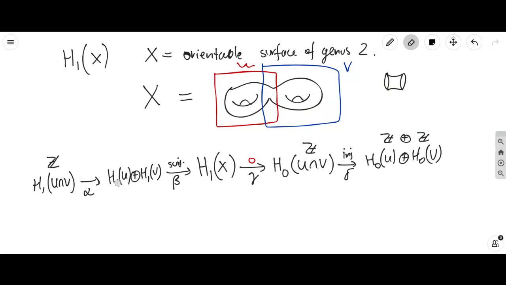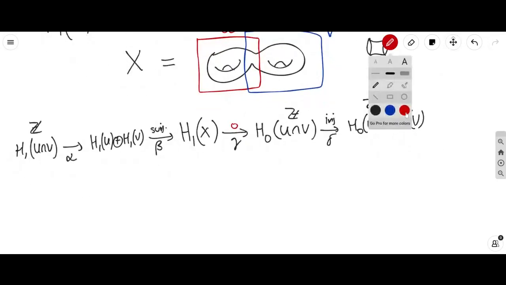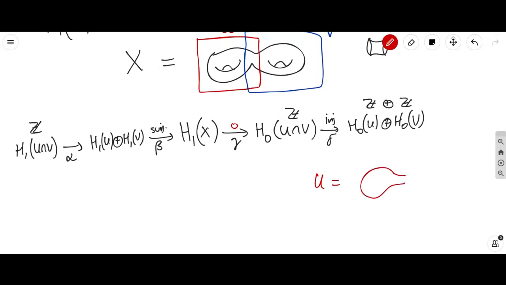So let's just look at U. U is the following open set. Maybe I should make it with a dotted line, like that, to indicate that it's open.